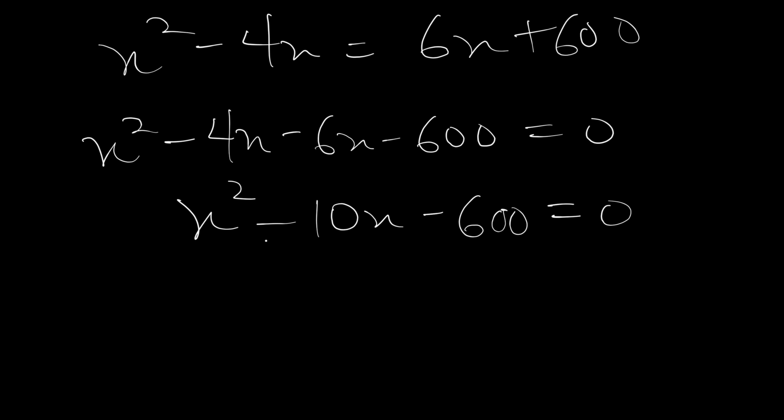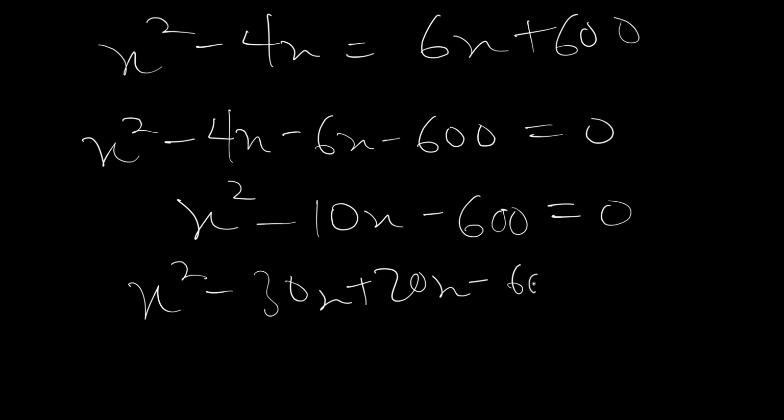So we look for two numbers that when we multiply, we get negative 600, and when we add, we get negative 10. And that will be negative 30 and 20. So we have x squared minus 30x plus 20x minus 600 is equal to 0. Now we group this and this and this and this.